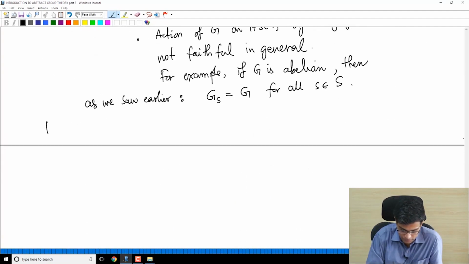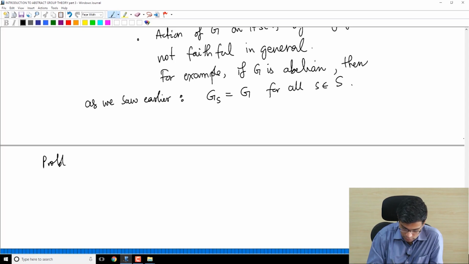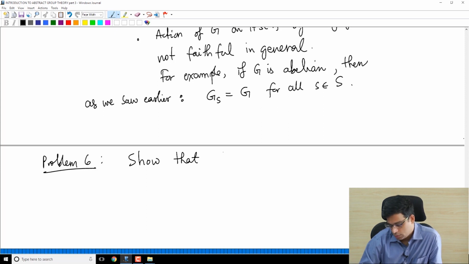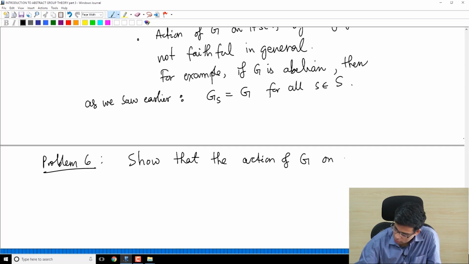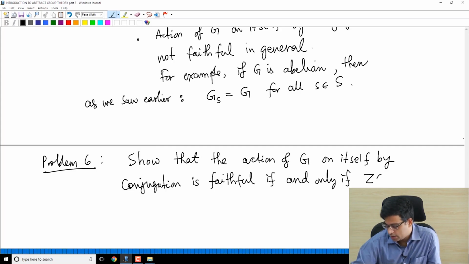So problem 6: show that the action of G on itself by conjugation is faithful if and only if the center is trivial.